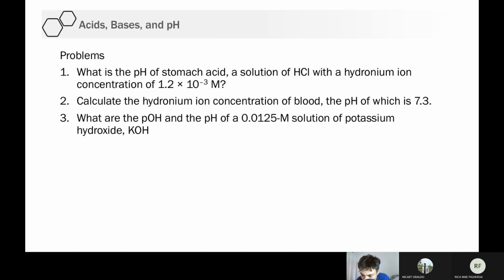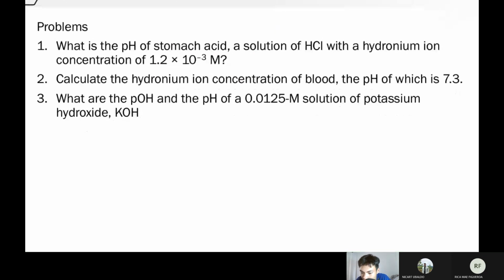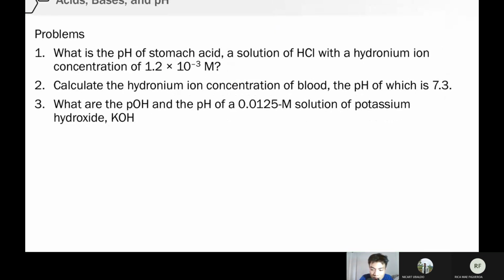So according to problem number 1, the hydronium ion concentration is written as the square bracket of H plus. Since that is equal to 1.2 times 10 raised to negative 3 molar, ano daw yung pH niyan?